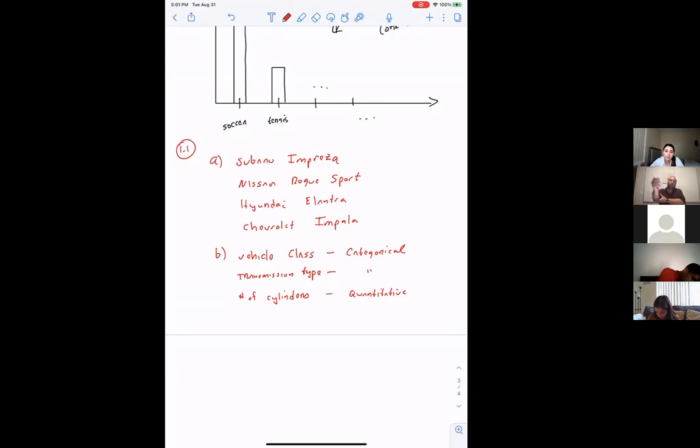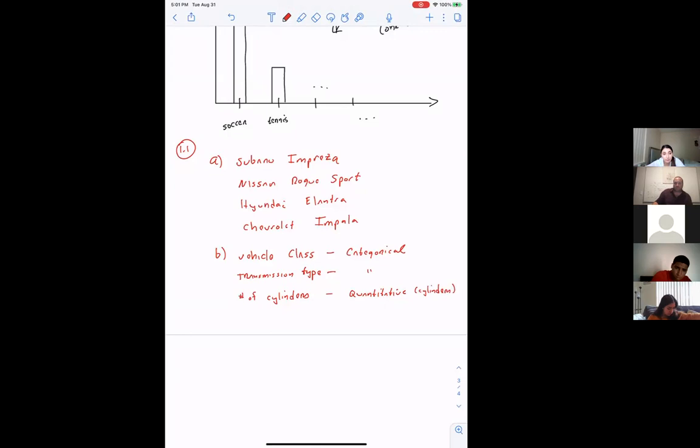Cylinders. Yeah, that one's easy. Number of cylinders, 4 cylinders, 6 cylinders, right? That one was silly. Almost like a trick question.